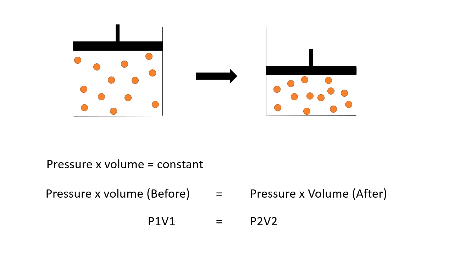So another way to write this is P1V1, where the ones tell us that we're looking at the first picture, the pressure in the first picture and the volume in the first picture. And that's going to be equal to P2 times V2, the pressure in the second picture times the volume in the second picture.